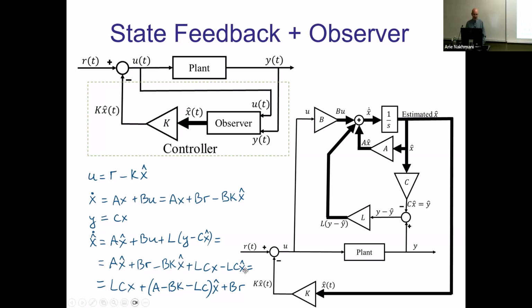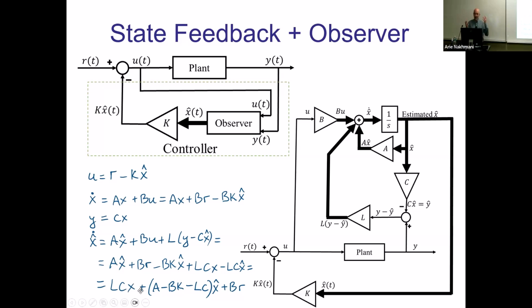This is just algebra, I'm just recombining the things together. I'm taking LCx outside of the parentheses. Everything else multiplies x hat in closed loop. So now I replaced u with K x hat, computed by the observer. So it will be A minus BK minus LC times x hat plus BR plus LCx.